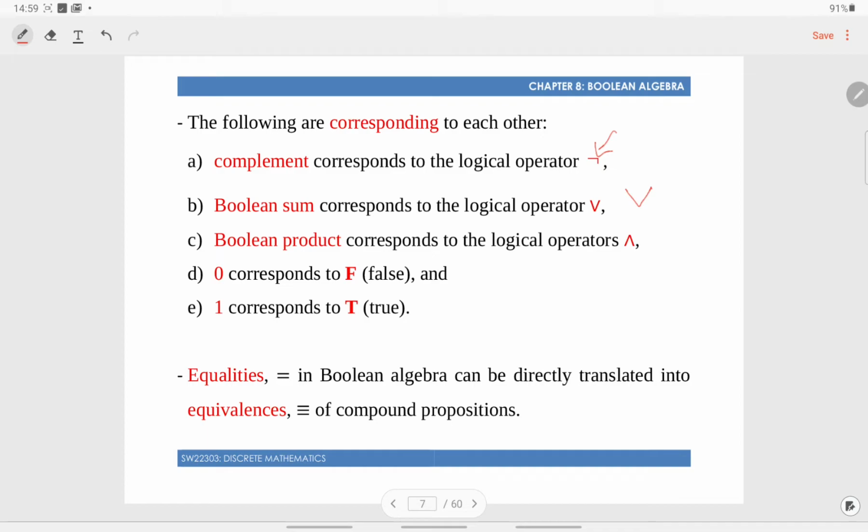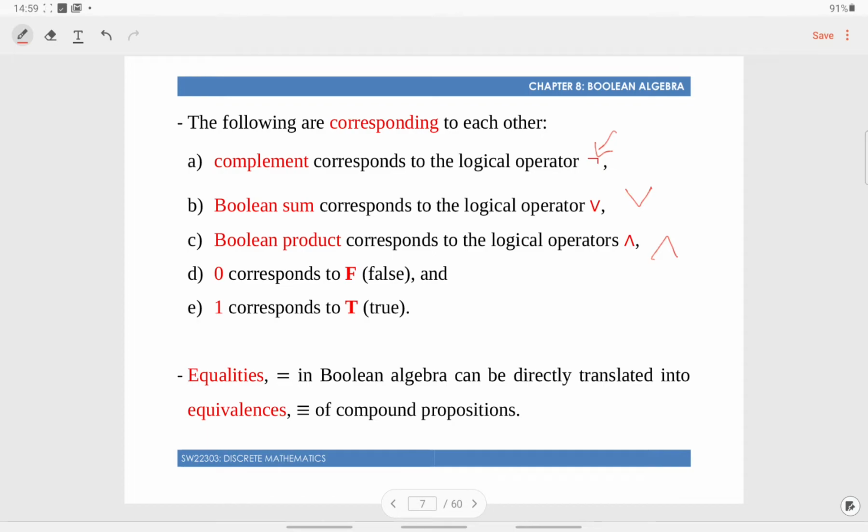And then for Boolean product, it corresponds to the conjunction operator. All right, and 0 corresponds to capital F, which stands for false, and 1 corresponds to capital T, which represents the true value. All right.